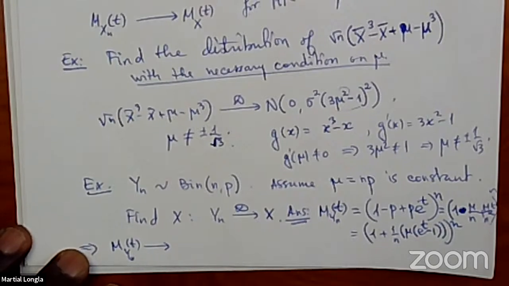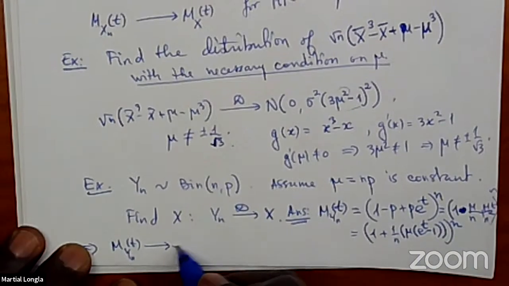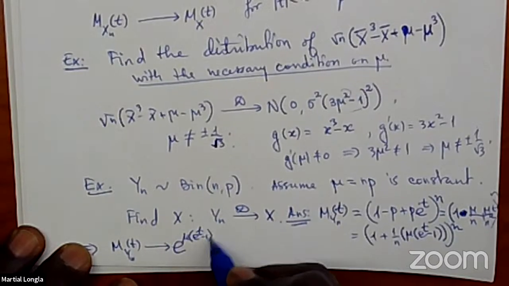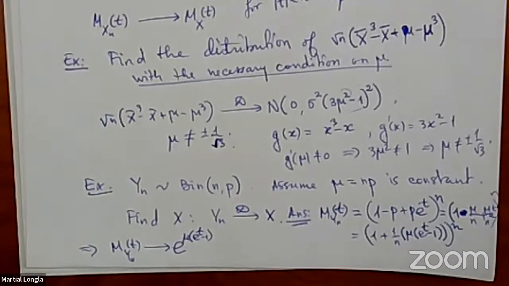It's that same old problem that I referred to Calc 3 for. Any help? e to this, that's the answer. e to the mu times (e to the t minus 1). So that's what the limit is.